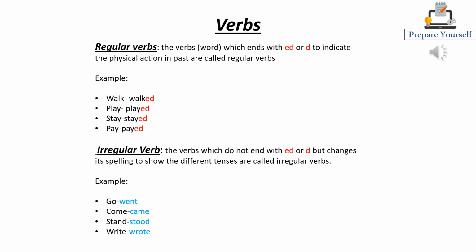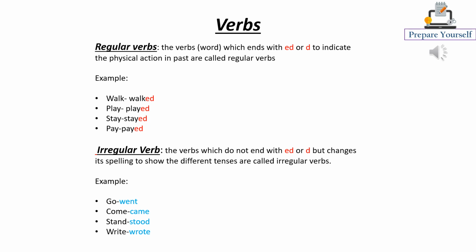That is regular and irregular verbs. Do you know in English, only verbs can have tenses? To make tenses, we change the form of verbs. Let's have a look at regular verbs.